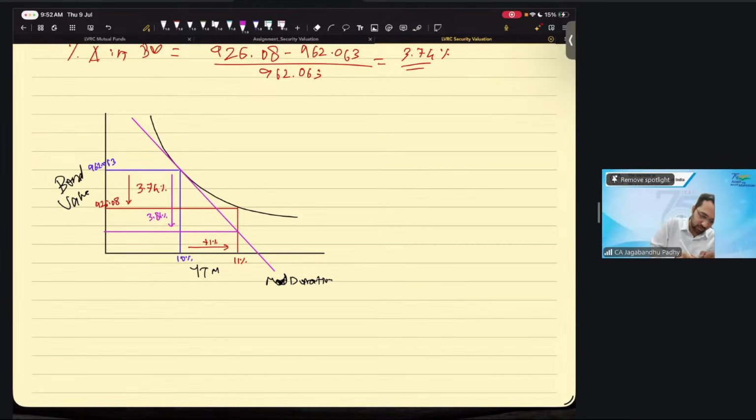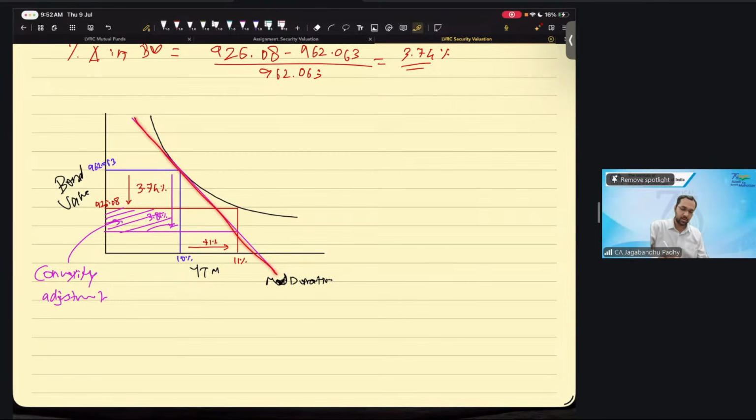Okay. So this particular line is your convexity adjustment. Why do we have this convexity adjustment? For a simple reason. The relation over here is an actual curve, but when we blindly use the modified duration, we are simply looking at the change in the form of a straight line.